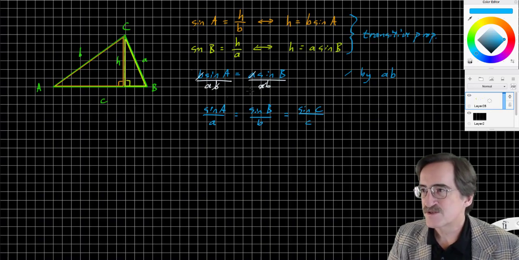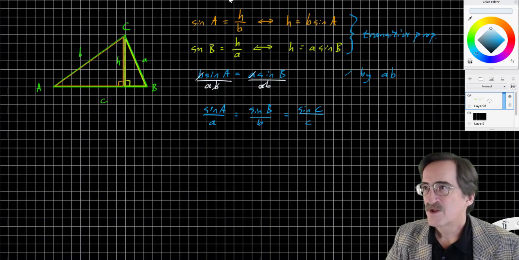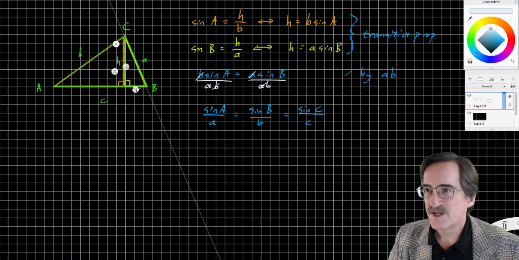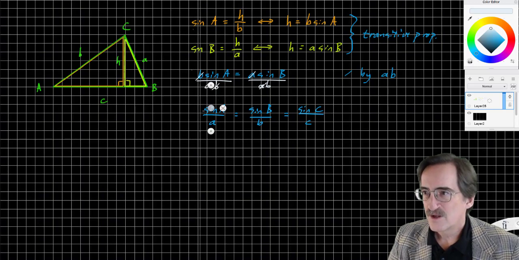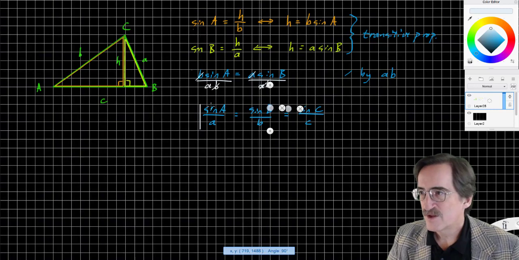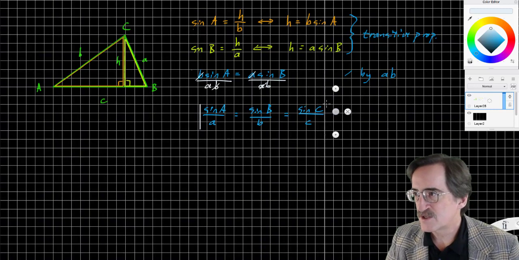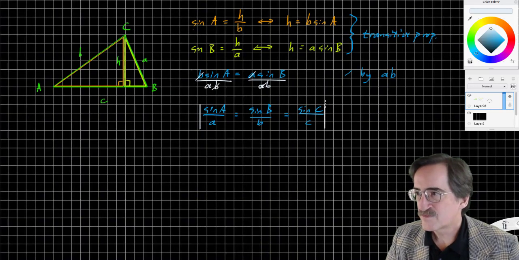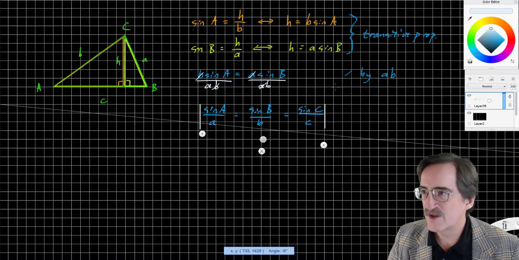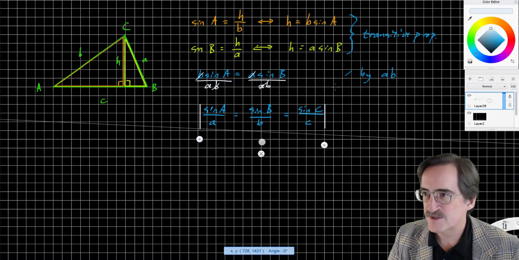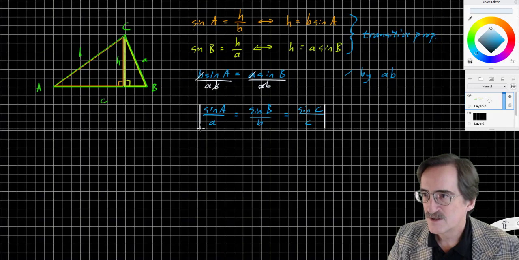And this is the law of sines. The law of sines is essentially saying that the sine of an angle divided by the opposite side is consistent. The ratio of the sine of an angle in a triangle to its opposite side is constant.